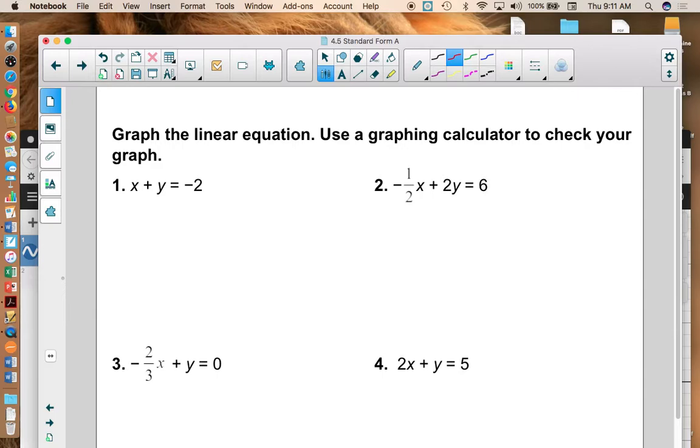What is the y value always if I'm looking at my x-intercept? Isn't it a 0? It is. So what if I said x plus 0 equals 2? What is x? In this case, x equals 2.